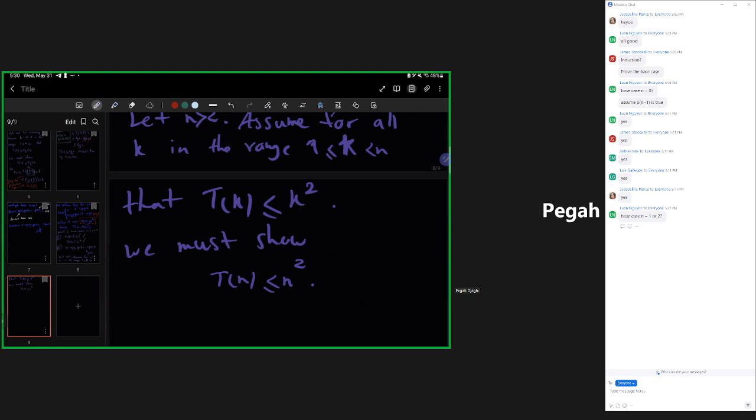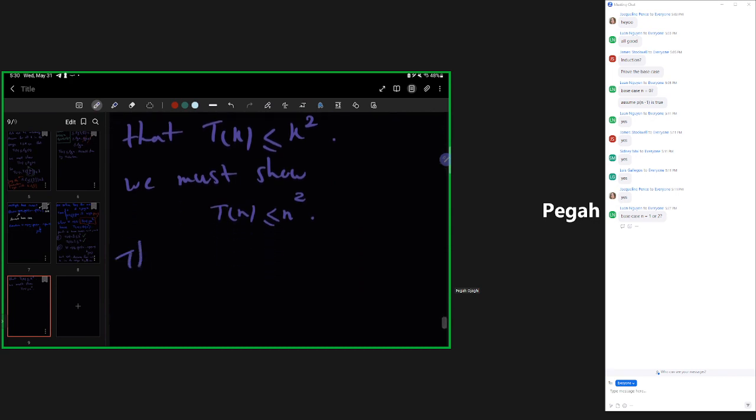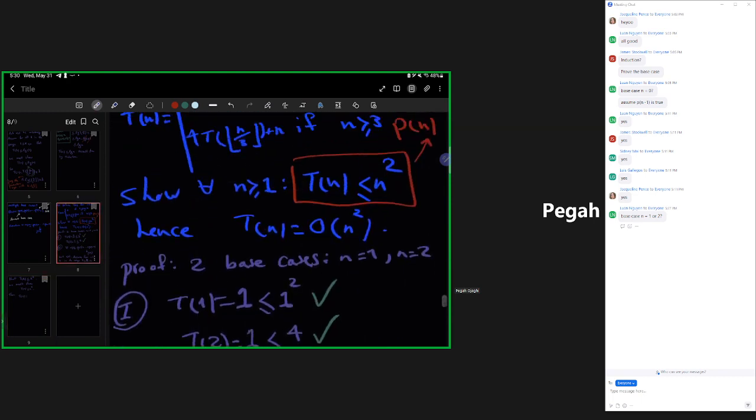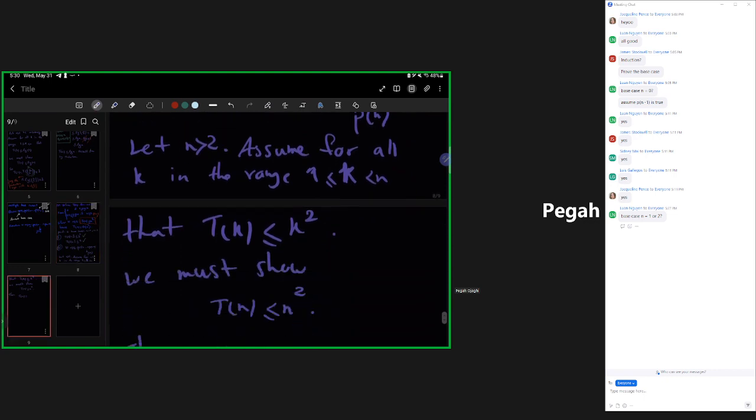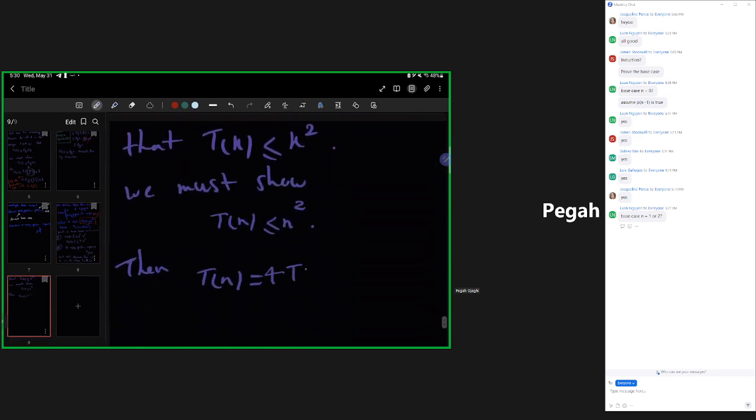Let's start with this one. If I want to show this, what is T of n for n greater than 2, or n equal to 3? It is given by the equation: T of the floor of n over 3, plus n.